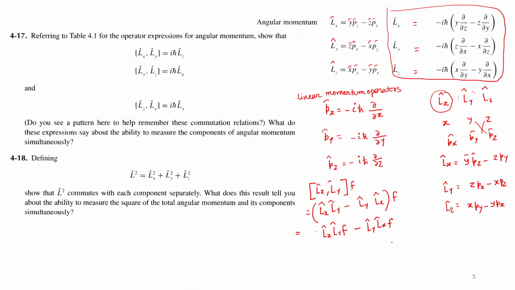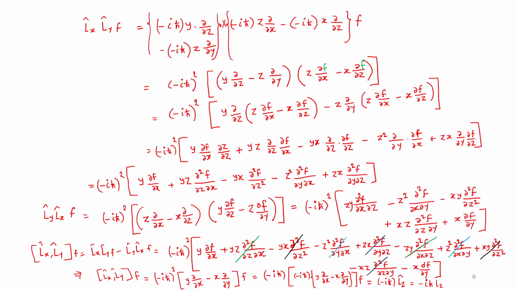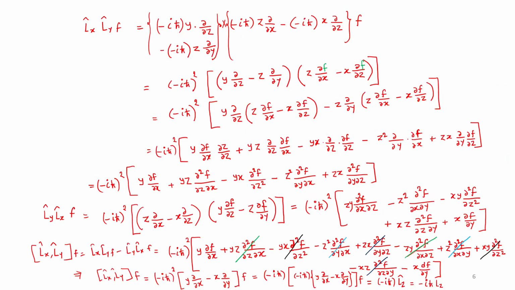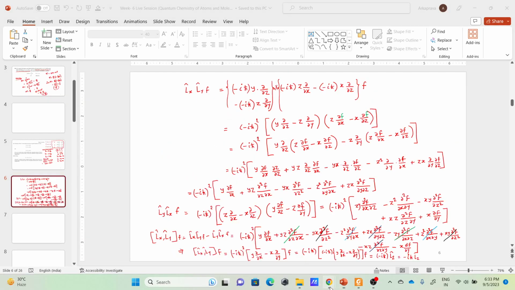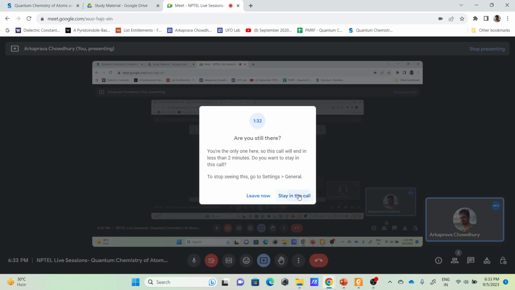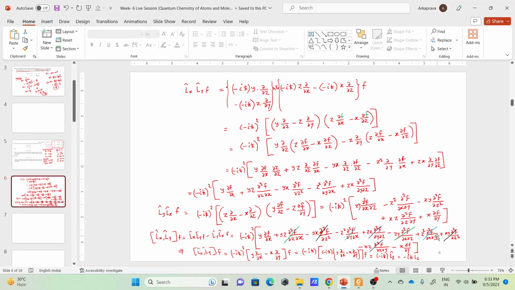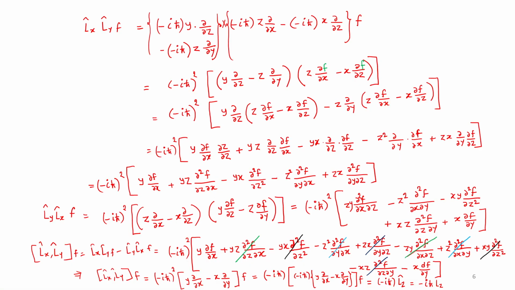Is it so? There should be a plus iħ. Have I made any mistake? Let me check. Where have I made the mistake?